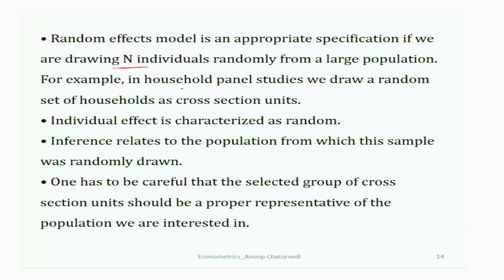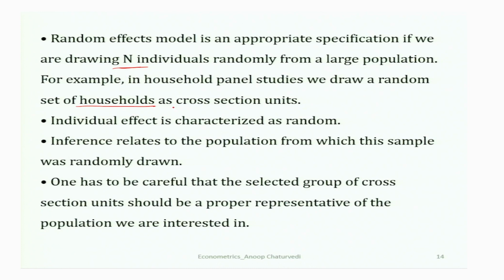For example, in household panel studies, we draw a random set of households as cross section units. So, initially we draw a random set of households, and these selected households are your different cross section units.